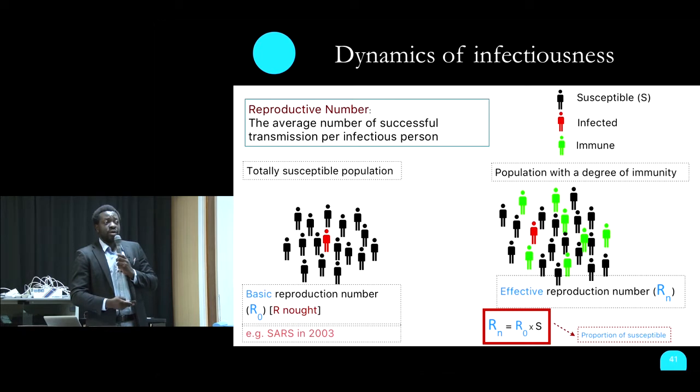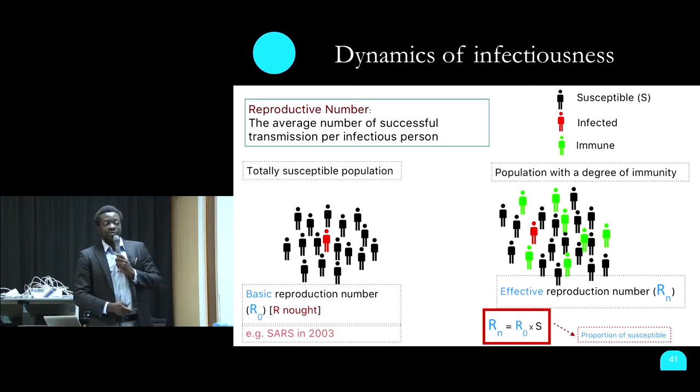There are cases where some people in the population have immunity against the disease. In that case, we don't talk about basic reproduction number, but we talk about effective reproduction number.